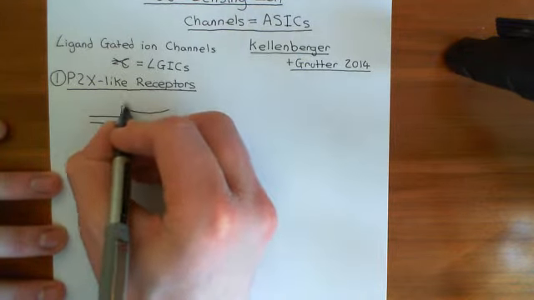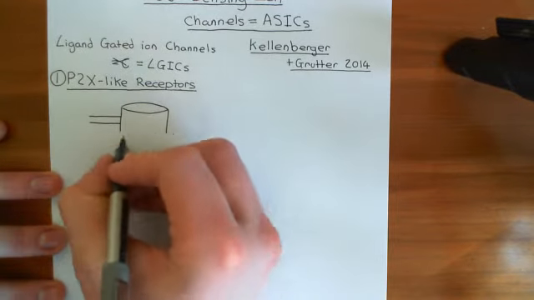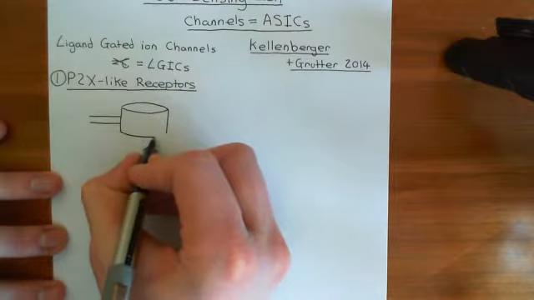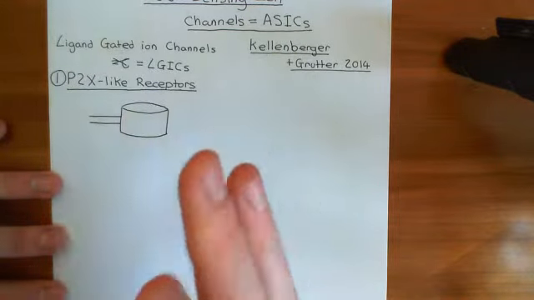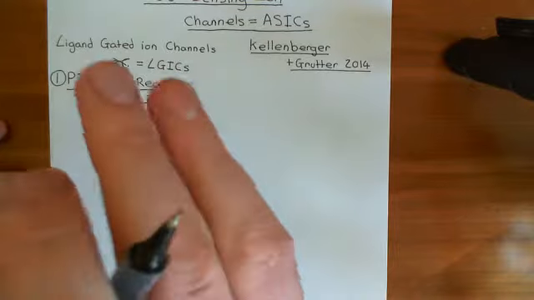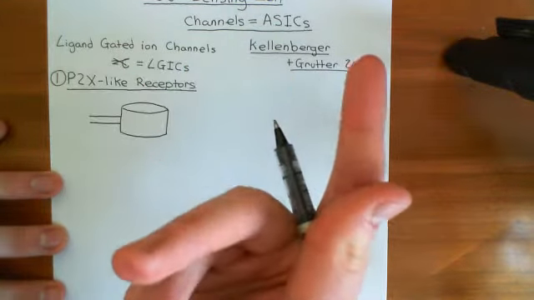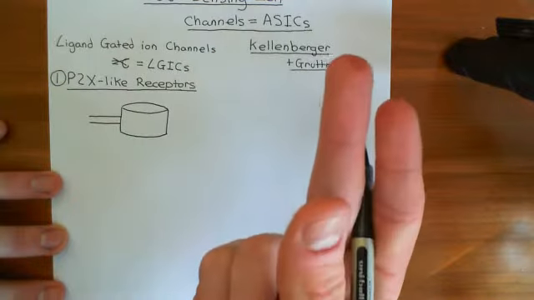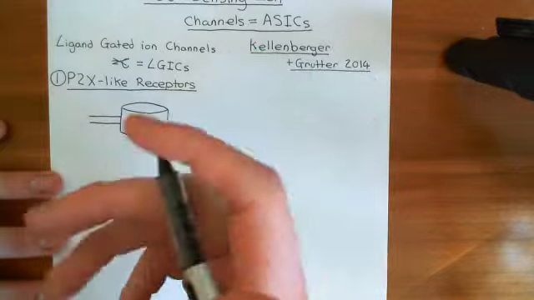Here is our P2X-like receptor, and we're discussing ligand-gated ion channels at the moment. Of course, it's a separate discussion that there are many different types of receptors, and only some of them will be ligand-gated ion channels. There are also G-protein coupled receptors, nuclear receptors, and tyrosine kinase receptors.